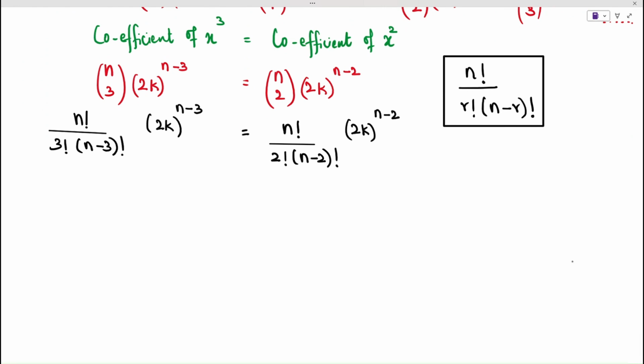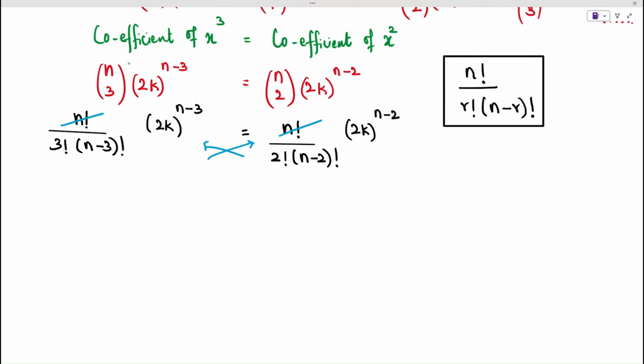Now we're going to cancel out our n factorials, and then we're going to cross multiply. We can move the (2k)^(n-3) and (2k)^(n-2) into the numerators of both these fractions, and when we cross multiply, we can swap them over.